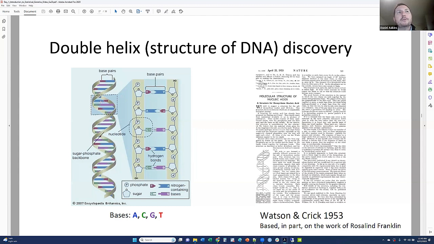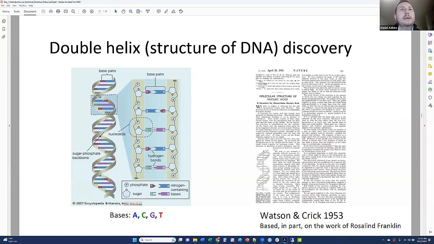So the nitrogenous base pairs that comprise the steps of the spiral staircase, these are the parts that vary in some cases across individuals, and they're what gives rise to genetic variation in humans, right? And you can think of them as a linear sequence of letters, right? There are 4 different nitrogenous bases, which we depict here as A, C, G, and T: adenine, cytosine, guanine, and thymine.